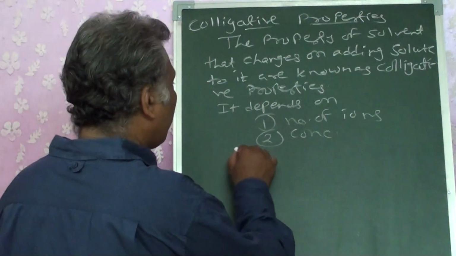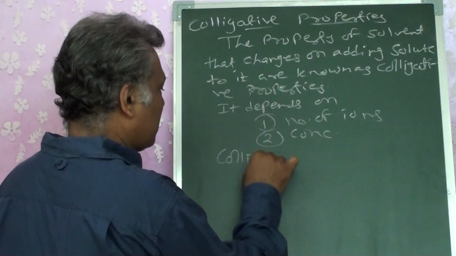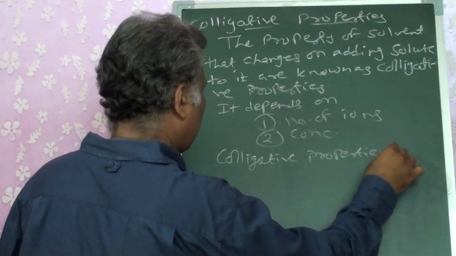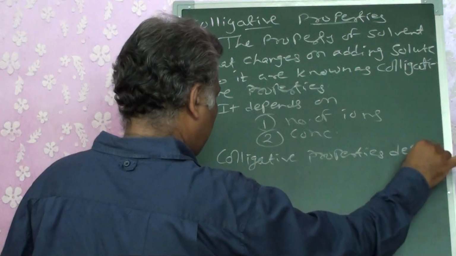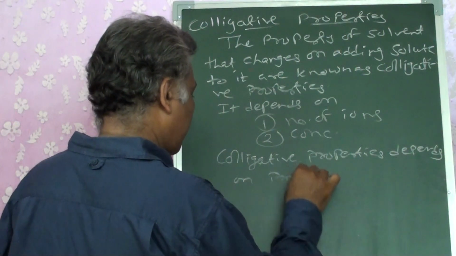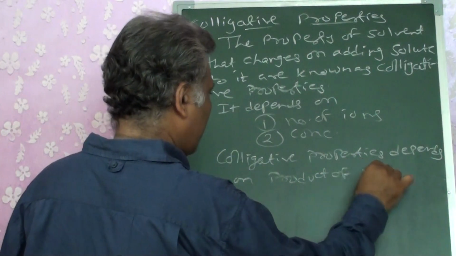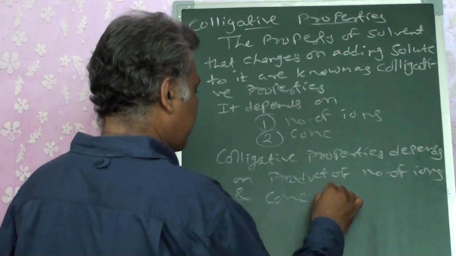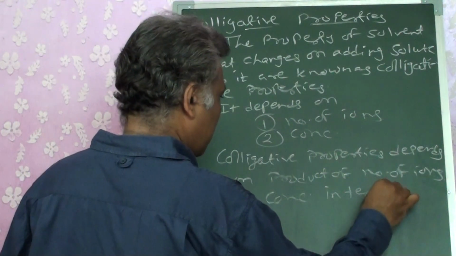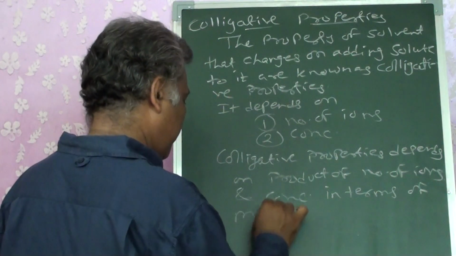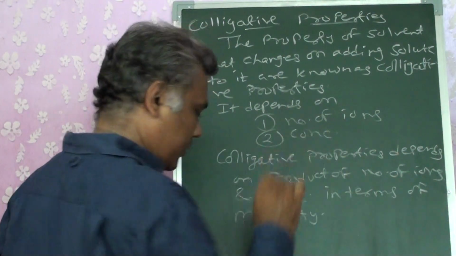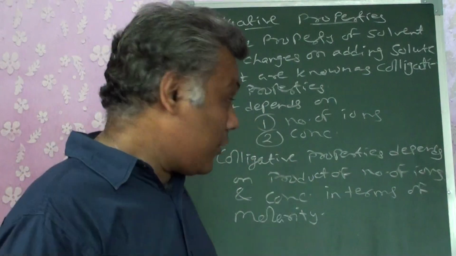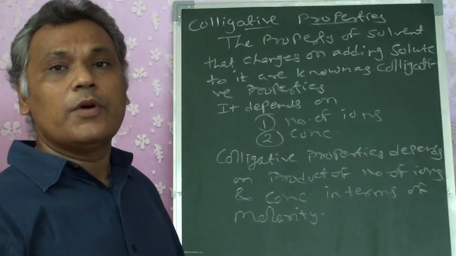That means colligative properties depend on the product of the number of ions and concentration in terms of molarity. Right?